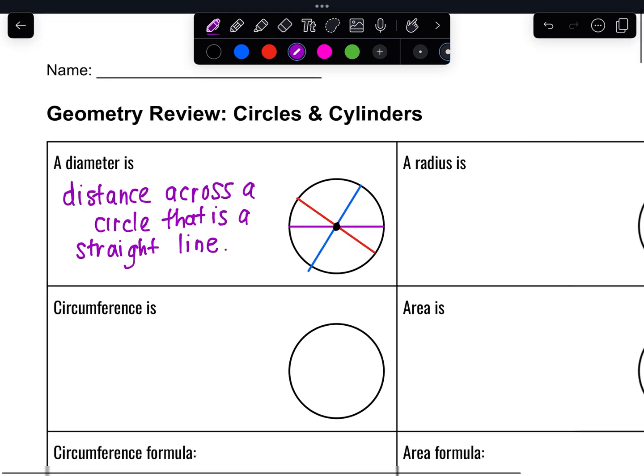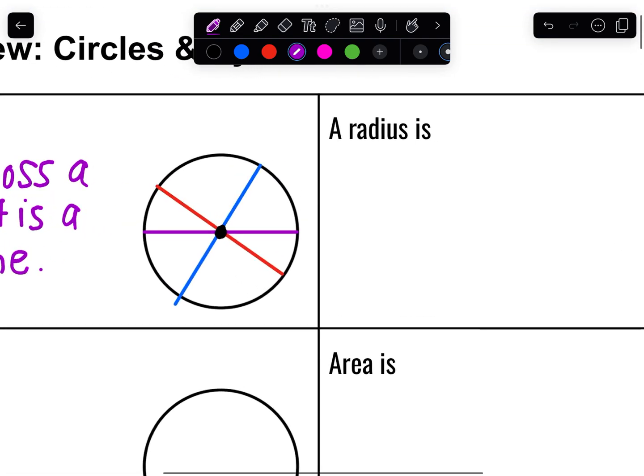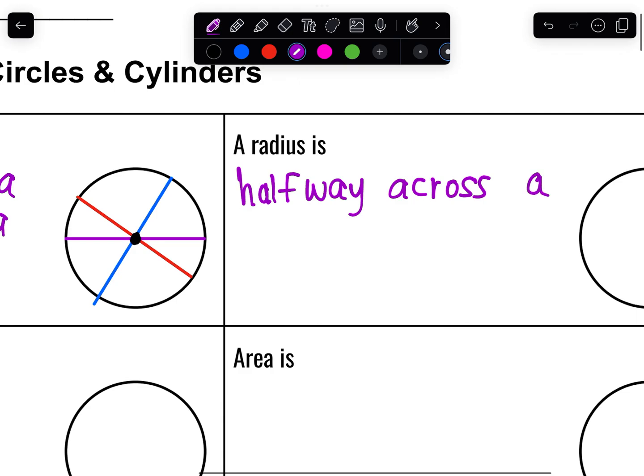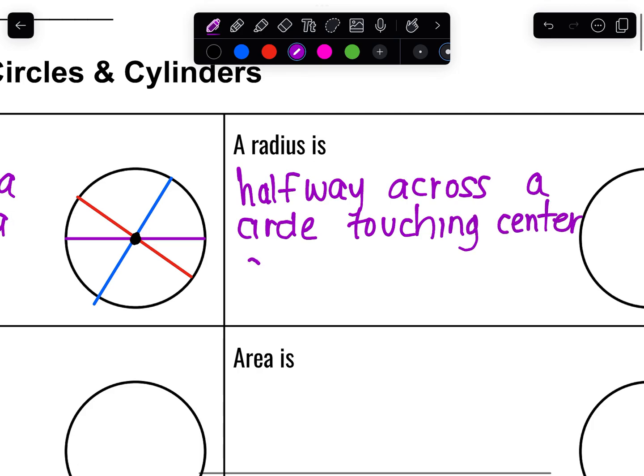All right, moving on to the radius. Our radius is halfway across the circle, and it's touching the center and one side.